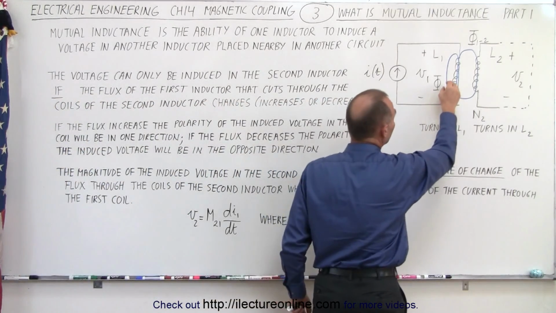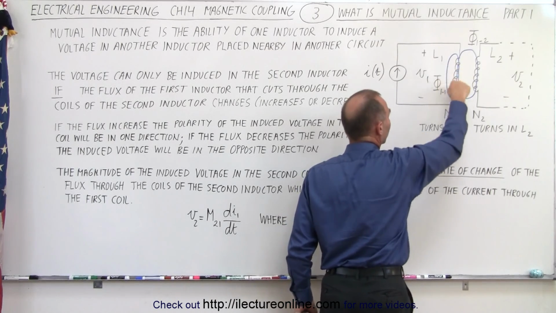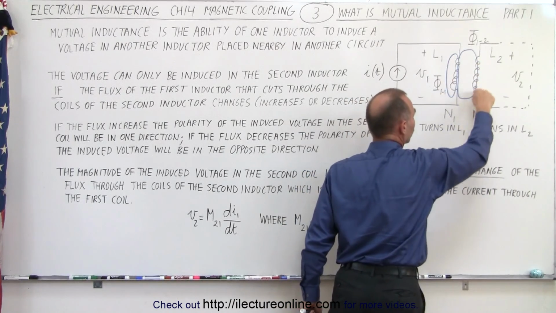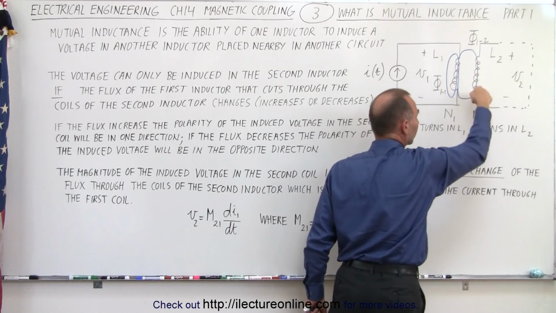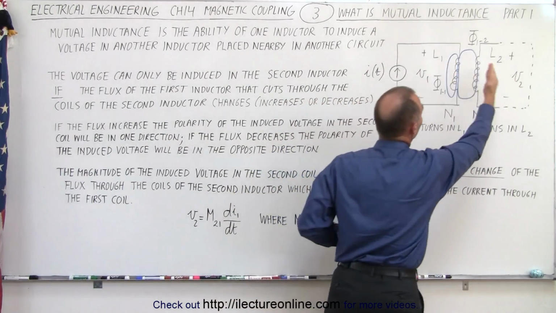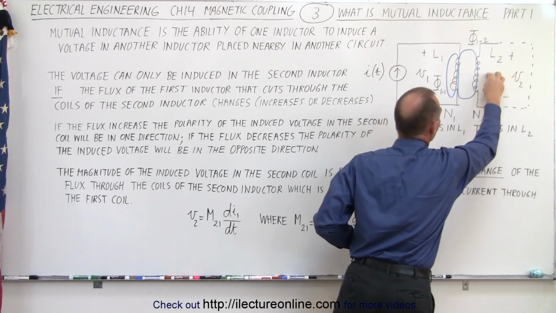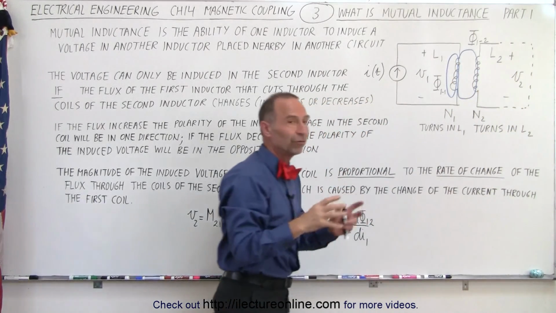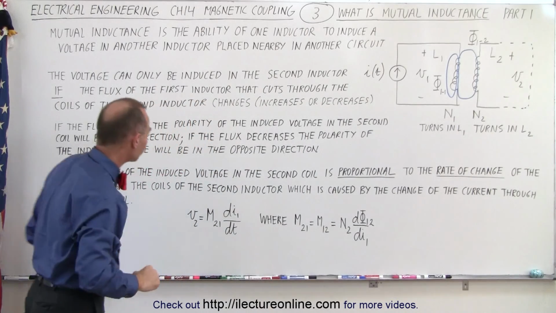So as the flux increases because of the first coil and the flux cuts through the coils of the second coil or second inductor, if that flux increases or decreases, that's when a voltage is induced, V2, in the second coil due to the change in the flux caused by the first coil.